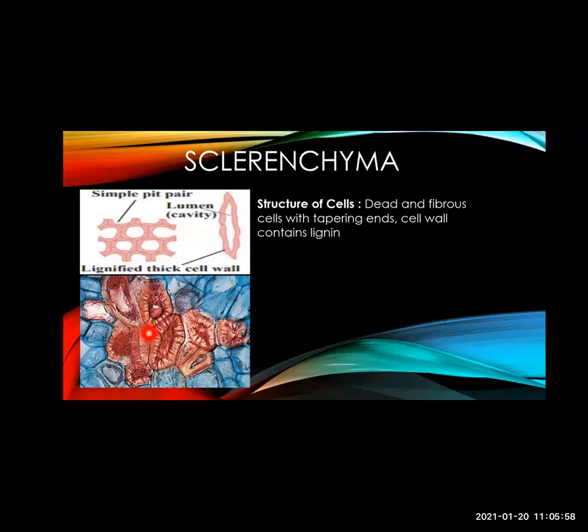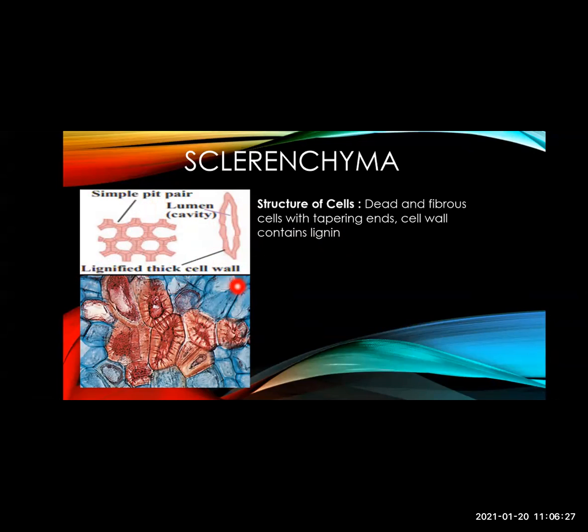This is the permanent slide of the sclerenchyma. You can see there are gaps in between. These passage gaps are known as pits. These pits help in transfer of material from one cell to the other. For example, if water is to be transported, transportation of water through these sclerenchyma cells takes place through these pits.